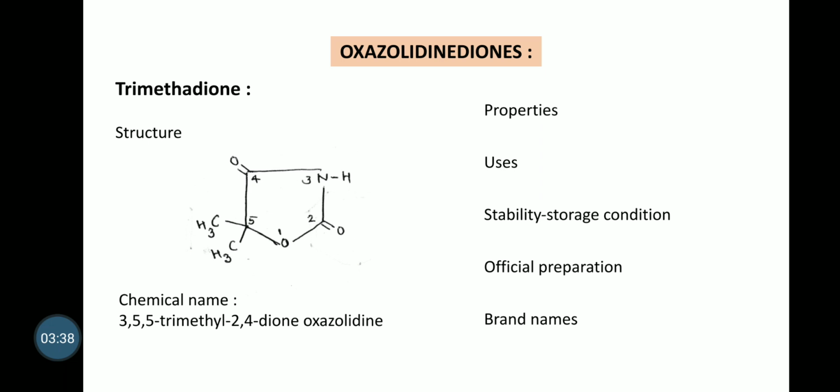And at the third position, assume that I have a slide mistake here. At the third position also a methyl group is present. Here only H is seen at the third position. Actually there should be a methyl group at the third position also. That means three methyl groups are present, one at the third position and two at the fifth position.